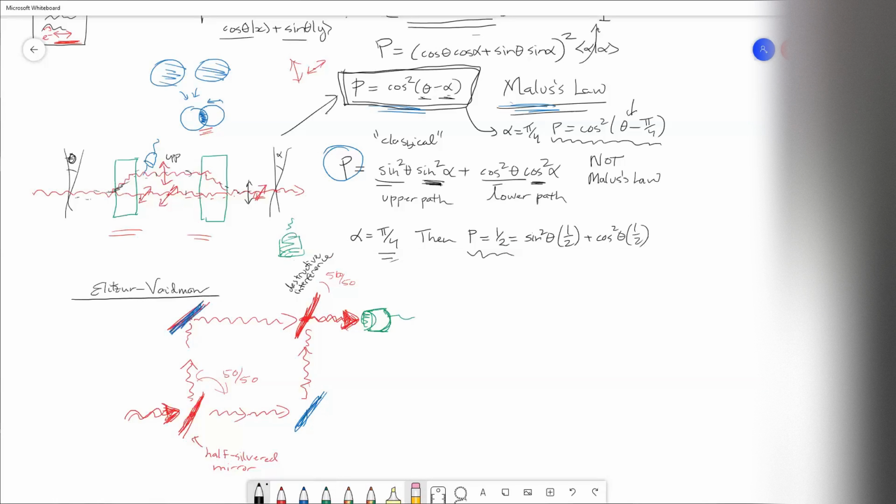Okay, so what do we do with the bomb? We imagine a bomb with a light sensitive fuse that can absorb a photon. And we put the fuse and the bomb in the bottom path.